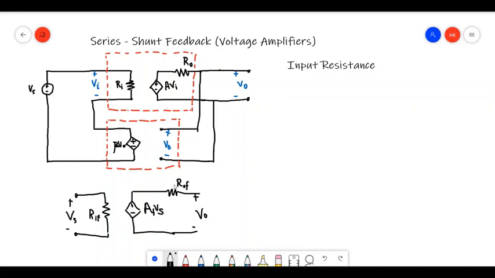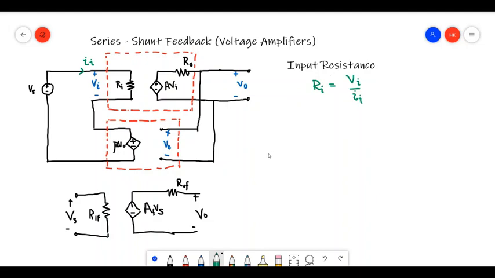So let's calculate the input resistance. Before we go into this closed loop system, in the open loop system, if we consider the input current is Ii, we can write an expression for Ri using Ohm's law. This is Vi divided by the input current Ii, right?